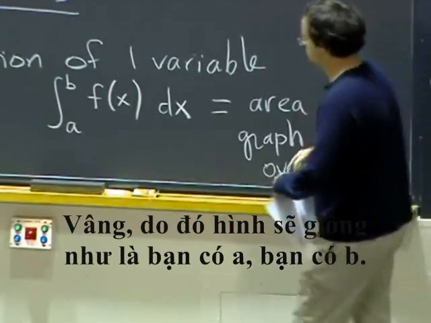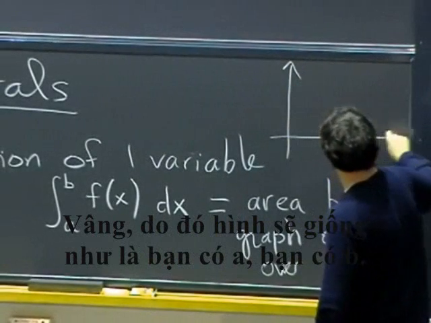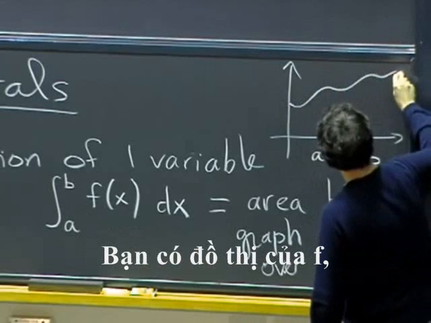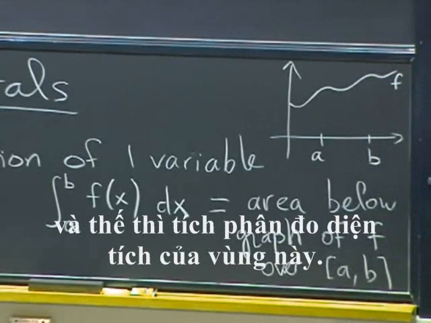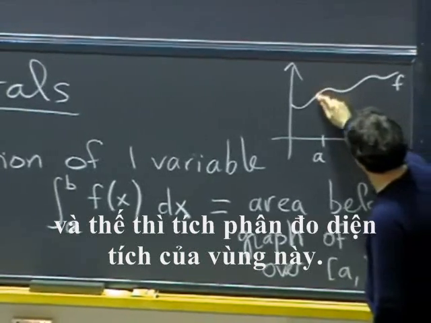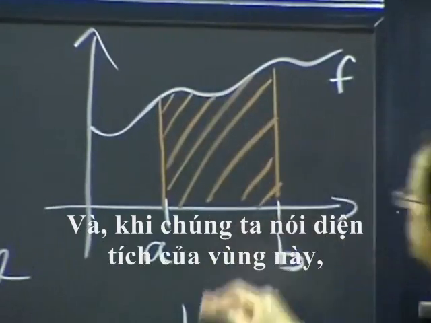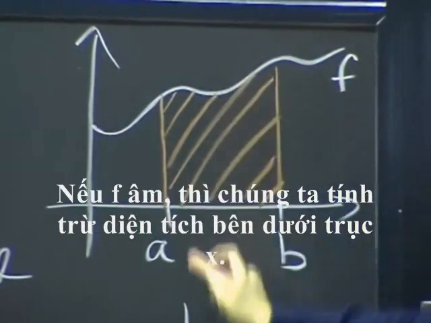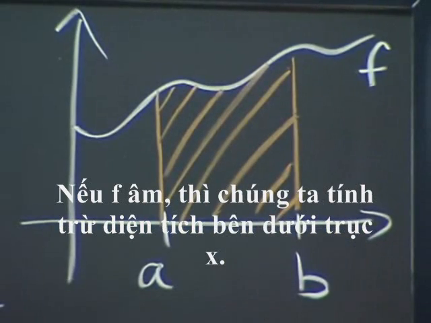So the picture is something like: you have a, you have b, you have the graph of f, and what the integral measures is the area of this region. And when we say the area of this region, of course, if f is positive, that's what happens. If f is negative, then we count negatively the area below the x-axis.